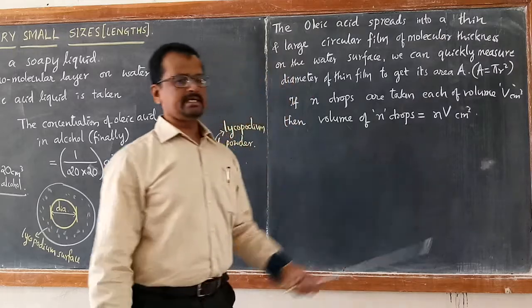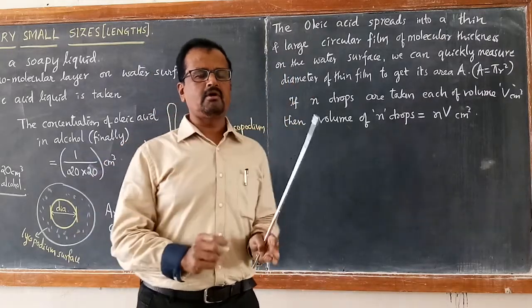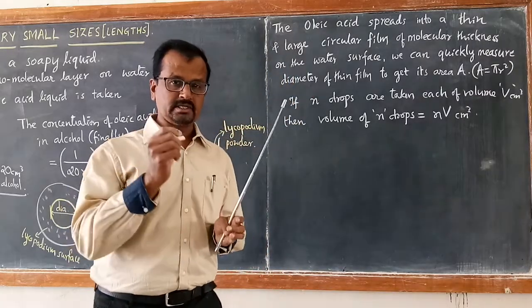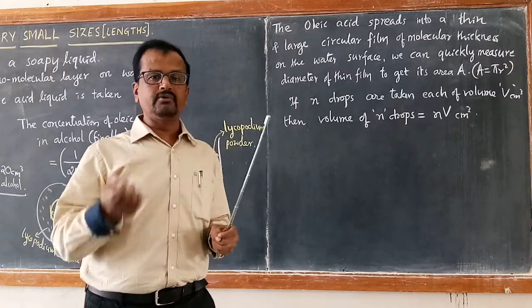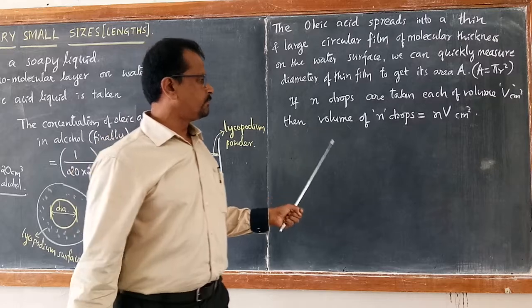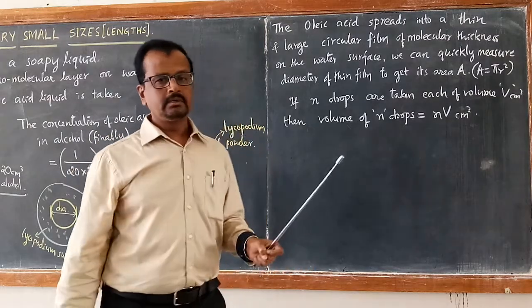In this nB centimeter cube of volume of drops, how much is the concentration of oleic acid? That is important. Therefore, the amount of oleic acid can be calculated now.